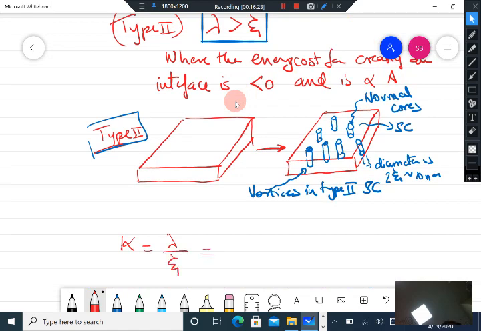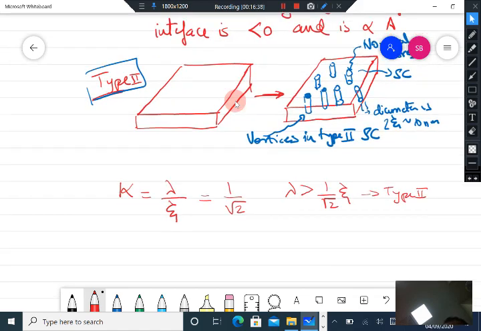And when we do the GL theory, we will show that if lambda is greater than 1 by root 2 of xi, then you will have a type 2 superconductor, and if lambda is less than 1 by root 2 xi, this is a type 1 superconductor.